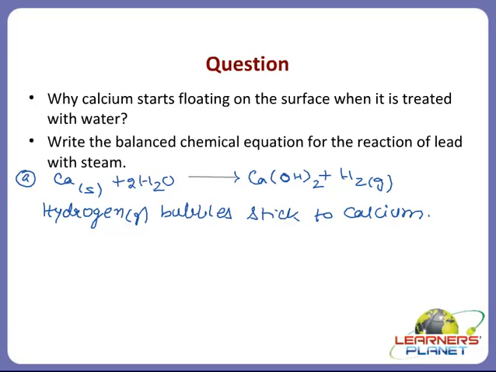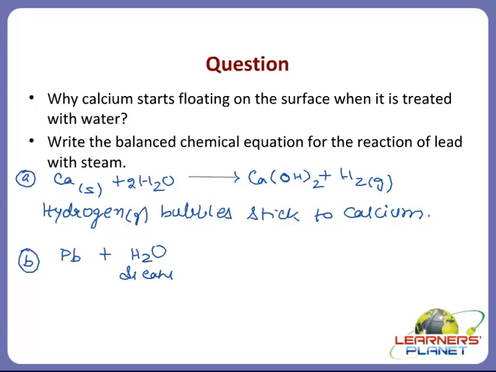Now this is another question, that is, write the balanced chemical equation for the reaction of lead with steam. I have told you metals like aluminium, zinc, iron, tin, lead react with steam, that is H2O, steam. And what is the product formed with steam?